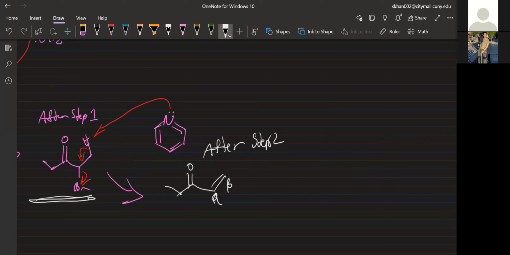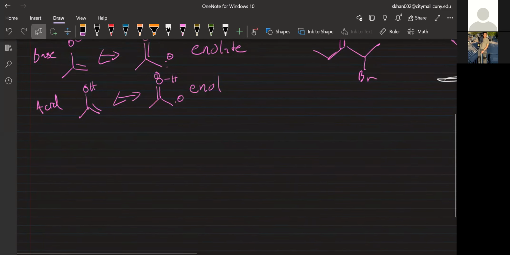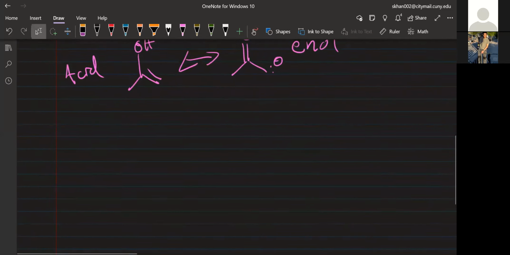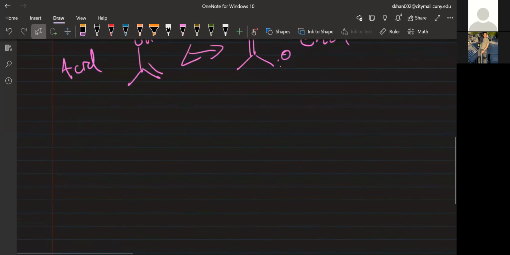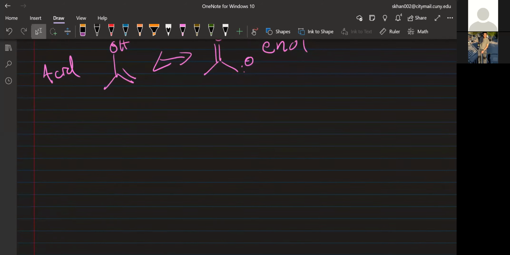Okay, HVZ reaction, it's also kind of simple. When you have Br2 and phosphorus tribromide, you could halogenate carboxylic acids.